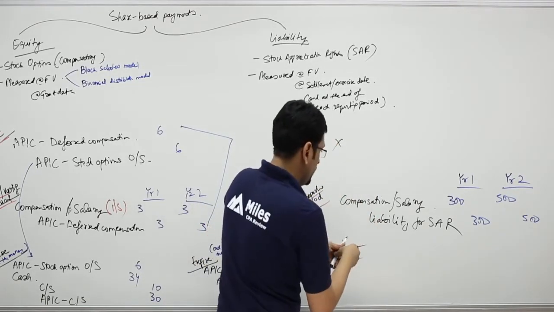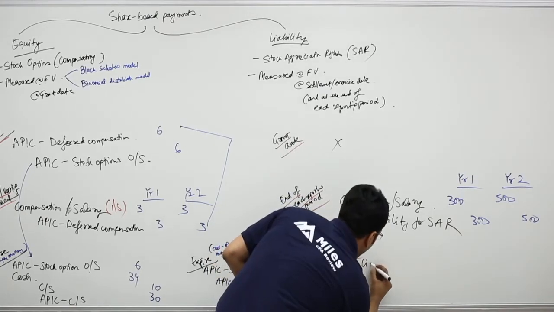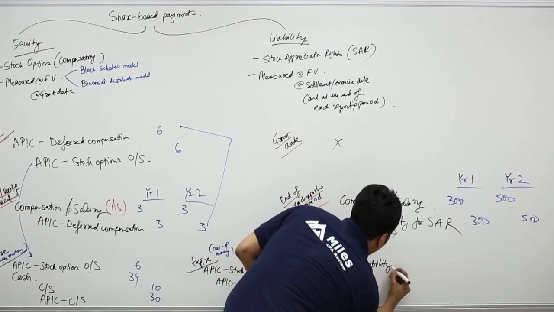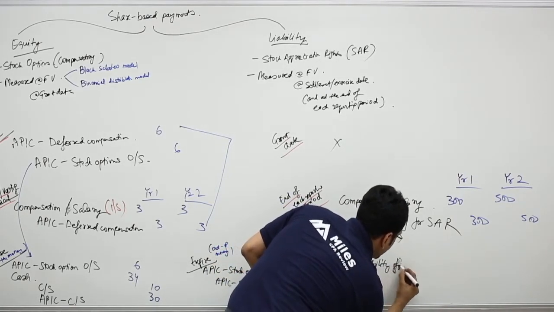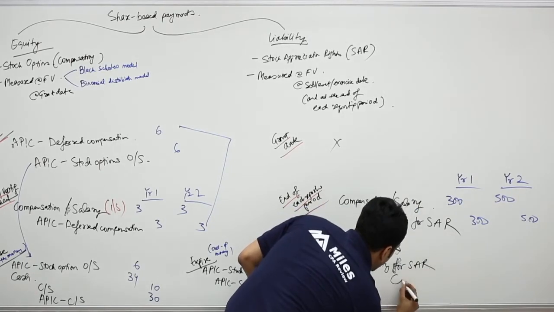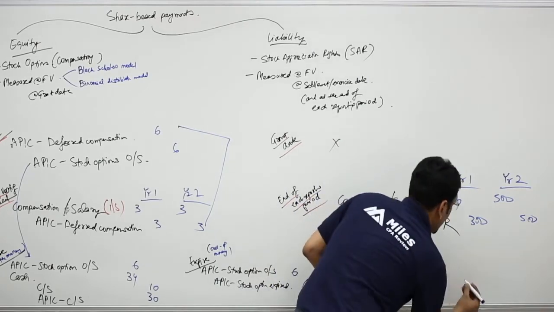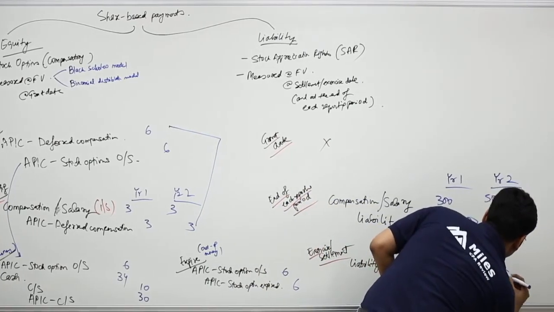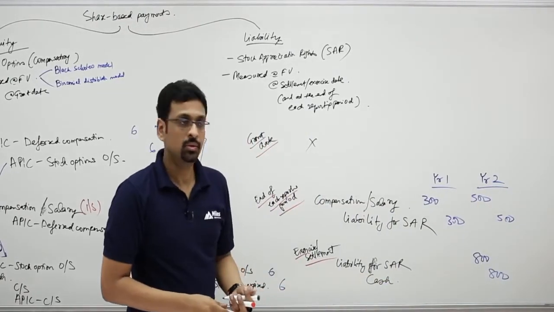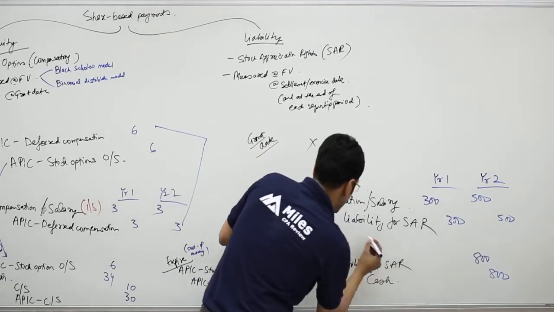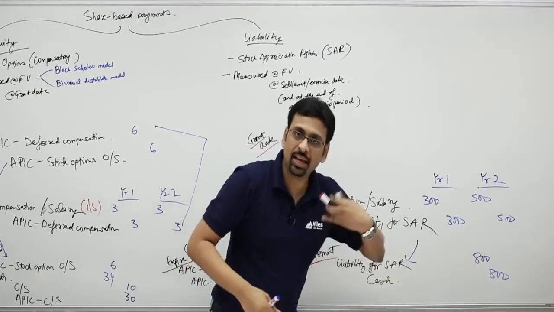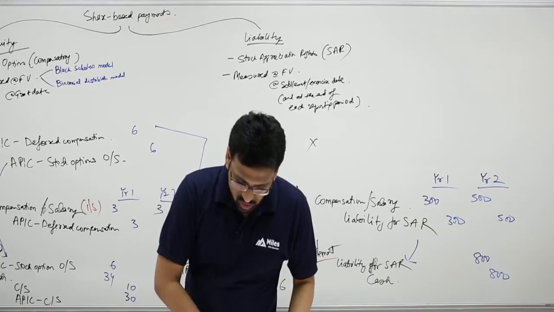So the liability would be debited because it's no longer a liability, as the president has taken home the cash. So cash is credited. So that's at the end of year 2. So that's $800 and $800. The liability which was created is now being reversed as the president takes home the cash.